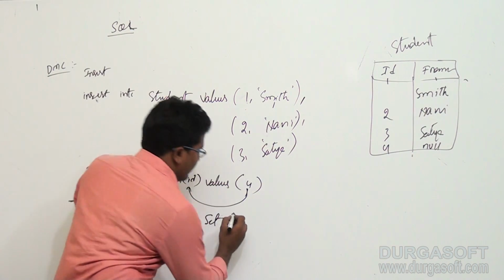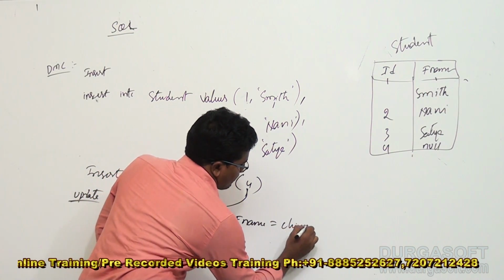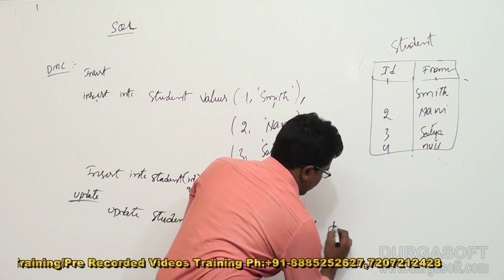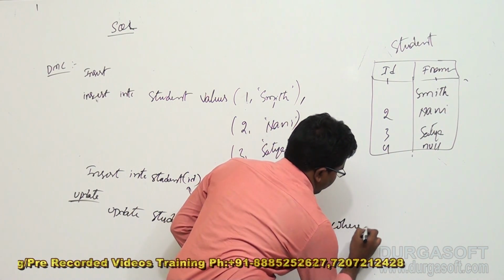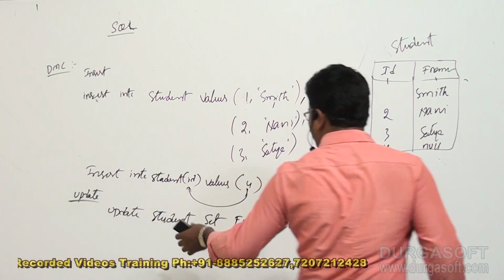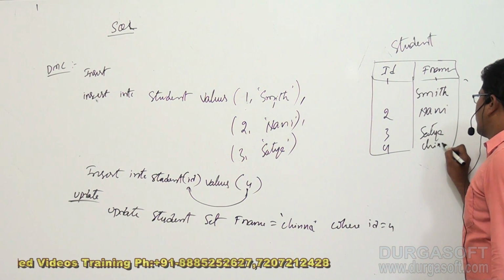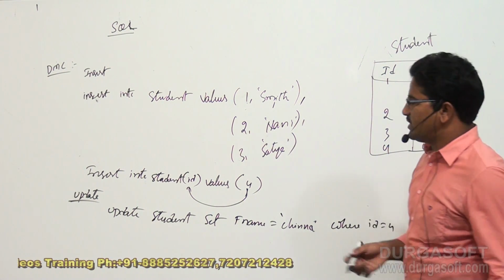I want to set father name as Chinna, for whom? For ID 4. So where ID equal to 4. So when I run this one, what happens here? Here you get Chinna, like this. This is about update.